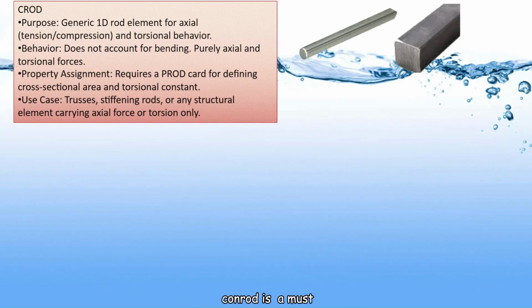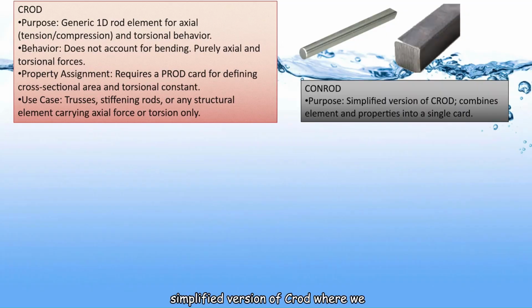The CONROD is a much simplified version of CROD where we don't even need to define the property. Whatever we define in the CROD property, we define in the CONROD element itself.